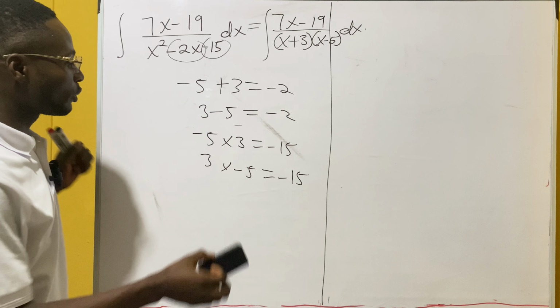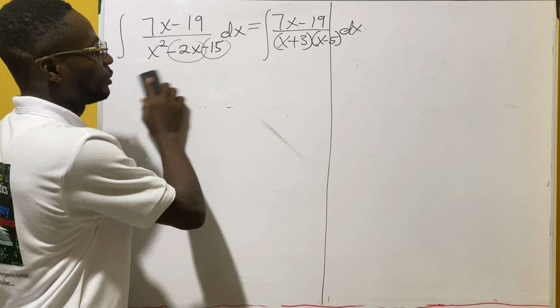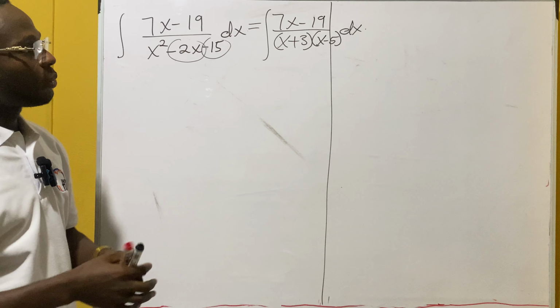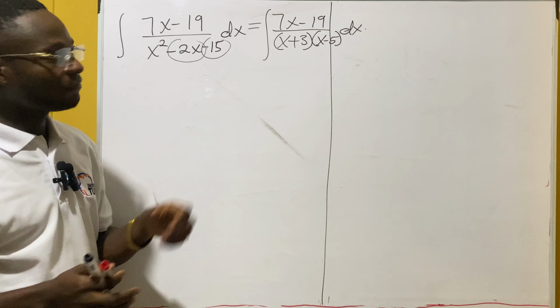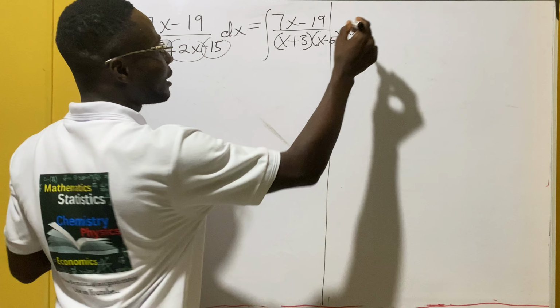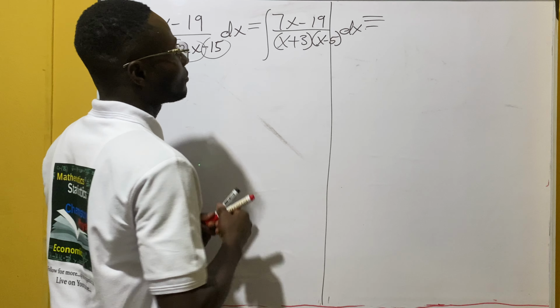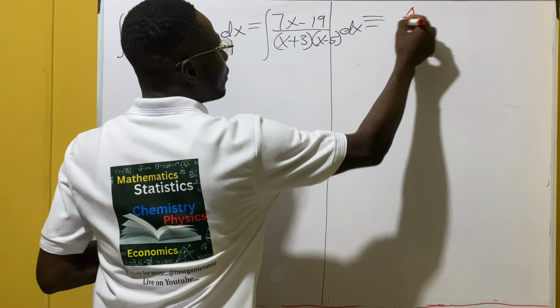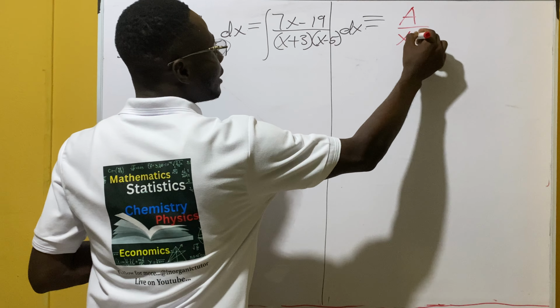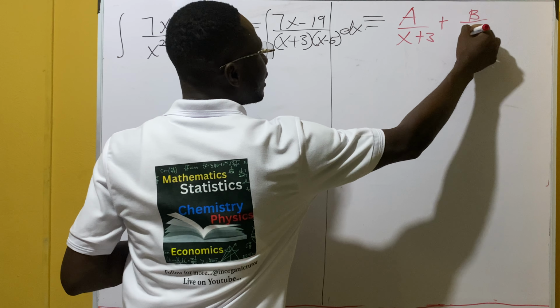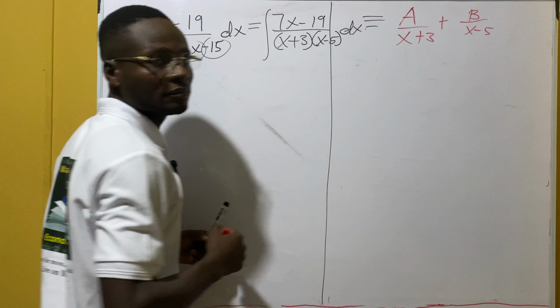Now, in the partial fraction form, we can express this as A on x plus 3 plus B on x minus 5.